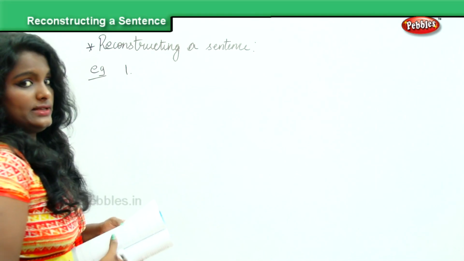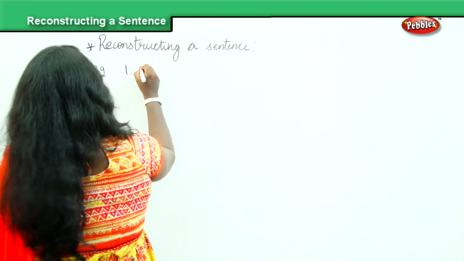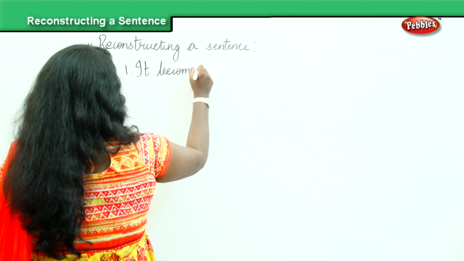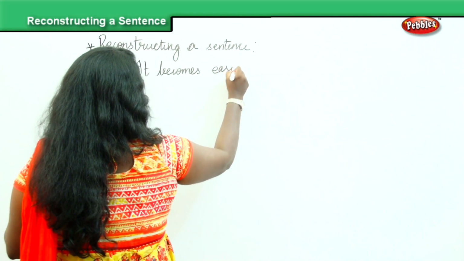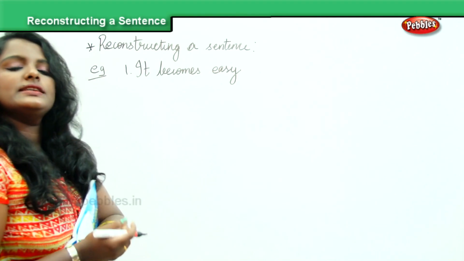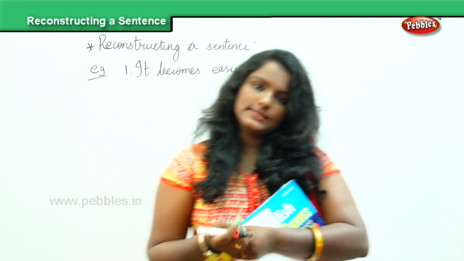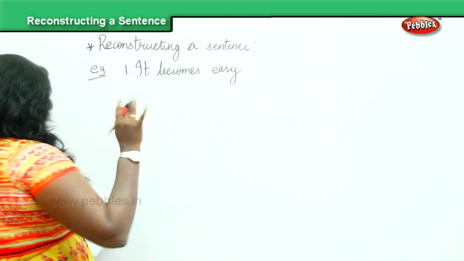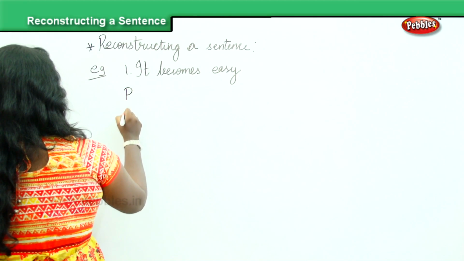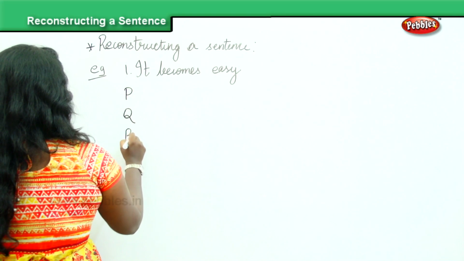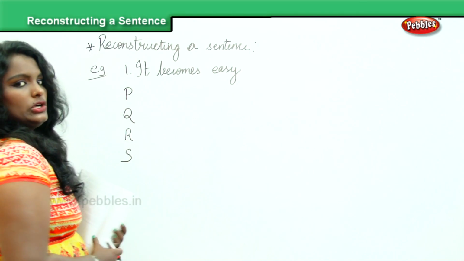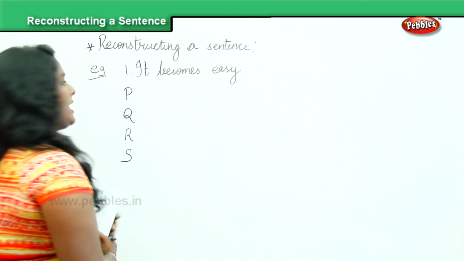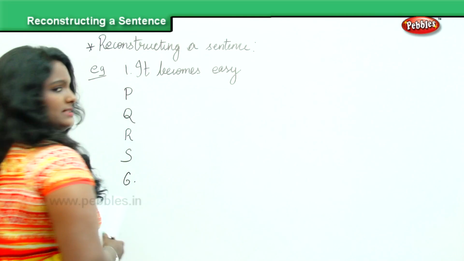The question goes like this. The first part of the question is this: it becomes easy. This is the first part of the sentence given in the question, and following that you have 4 parts: P, Q, R, S. So literally they are the first sentence, second, third, fourth, fifth, and again they give you the 6th sentence.